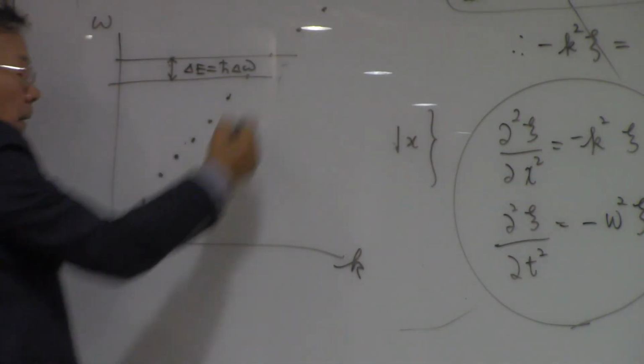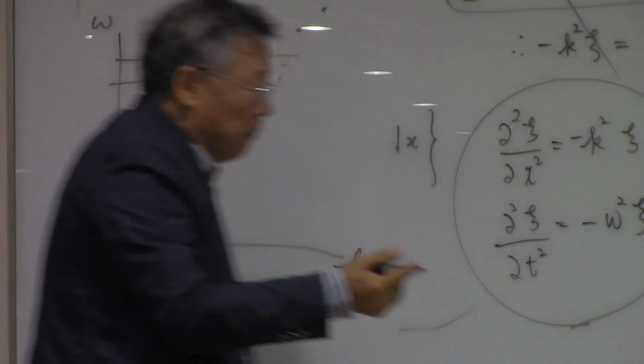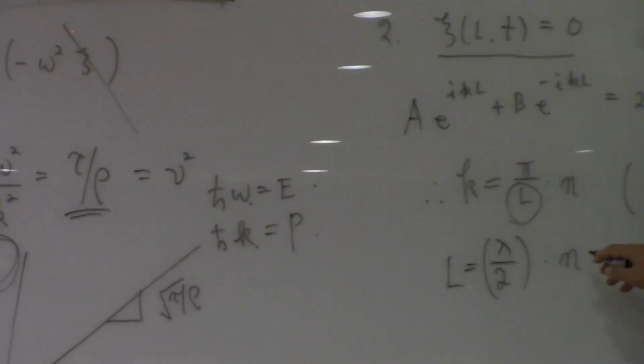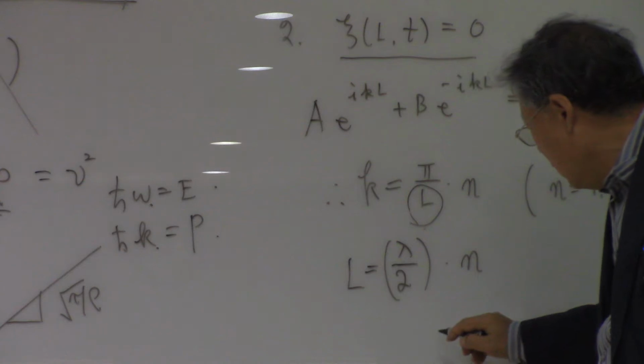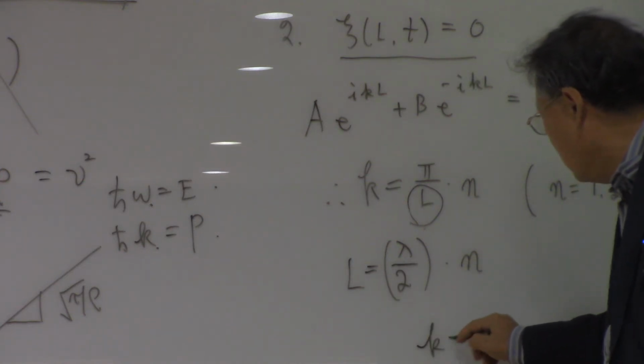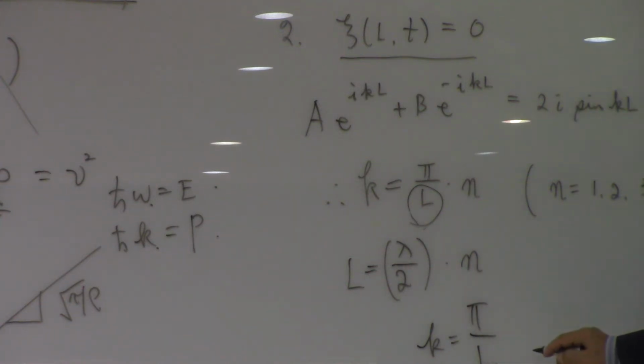What is the space between those? That space is related to the dimension L. Okay? The space between n equal to 1 and 2: when n is equal to 1, the k value is going to be pi over L. Let's say that is k1.